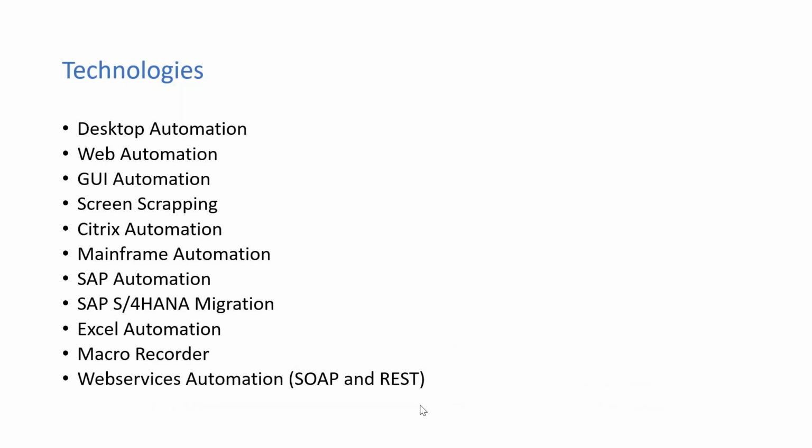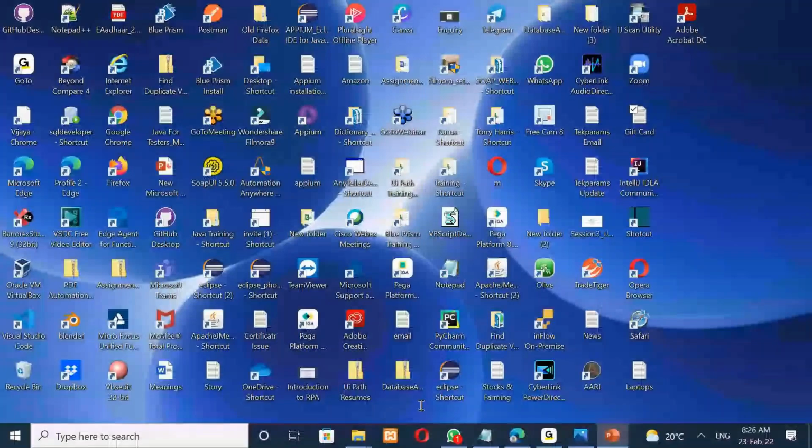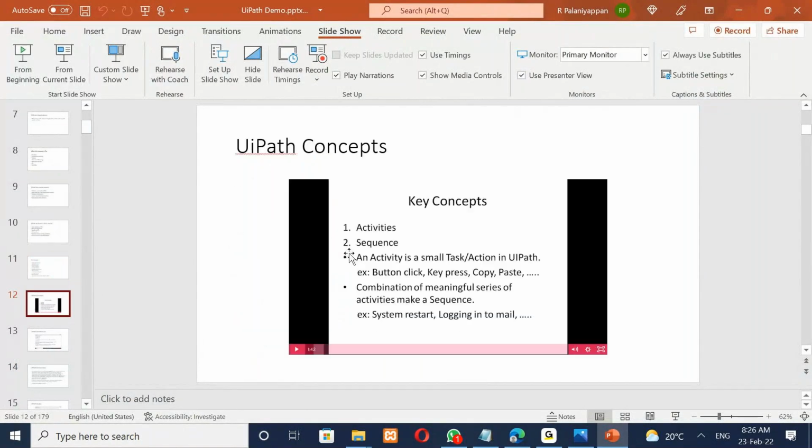The next one, in our course, we will start with UiPath introduction. That comes in the next slide. Hereafter, we will study in depth about the UiPath component, UiPath itself. As I said, there are market leaders in RPA.